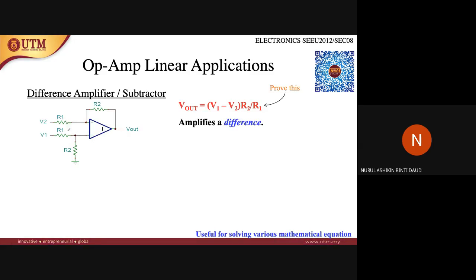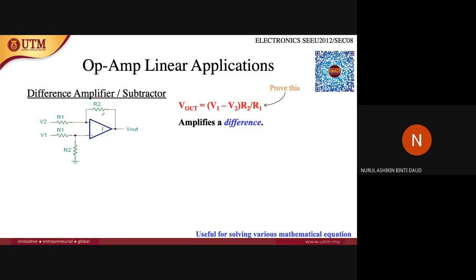At the non-inverting terminal, there is a parallel resistor connected, R2. At the inverting terminal, there is negative feedback connected from the output voltage through the R2 resistor.